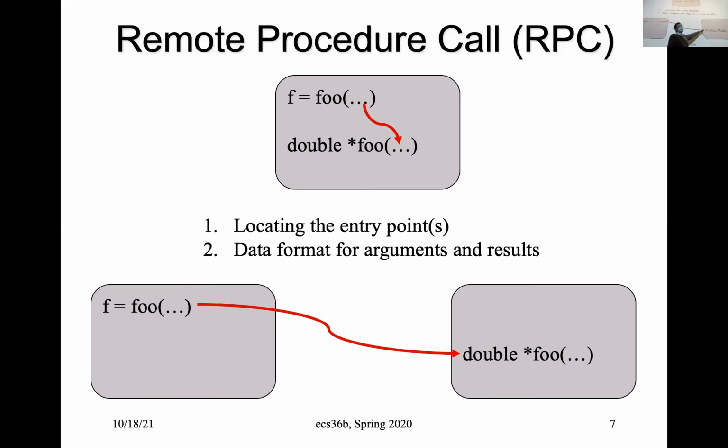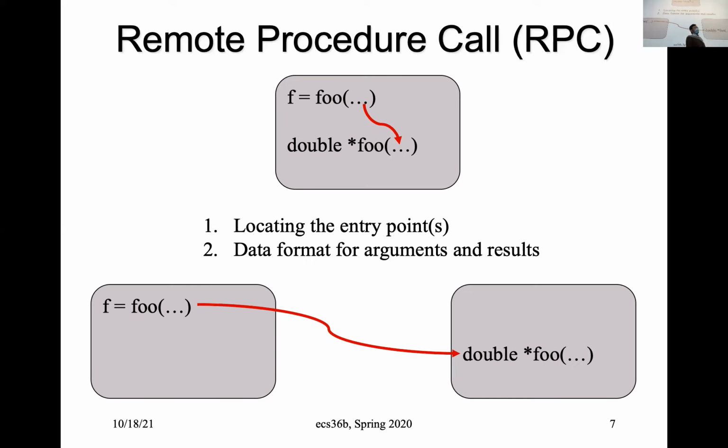And whatever result, you see this one returns a pointer to double, and that's interesting, because what does a pointer mean? Usually this is actually flawed, because it should be only double, not double star. One thing about remote procedure call is that these are two different machines with two different memory spaces.